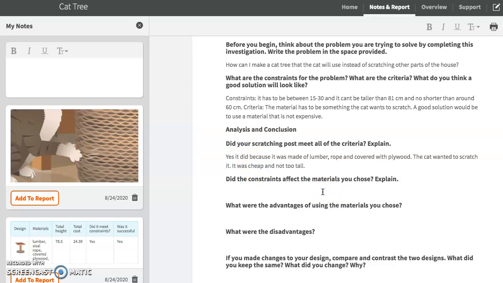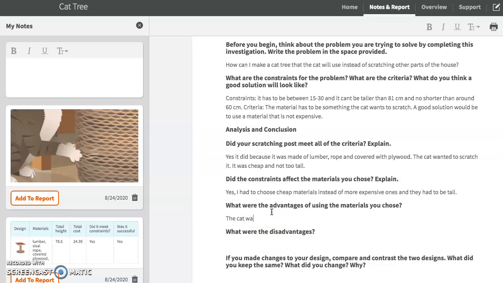Did the constraints affect the materials? Yes, I had to choose cheap materials instead of more expensive ones, and they had to be tall. Right? What was the advantage of using the materials you chose?